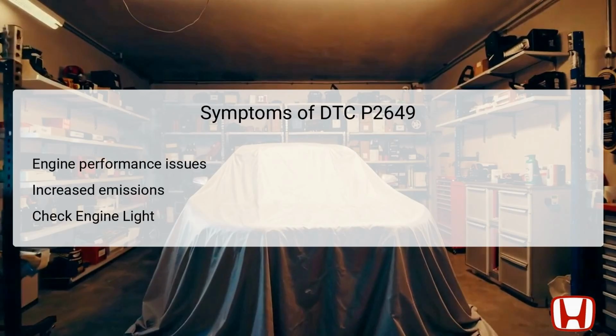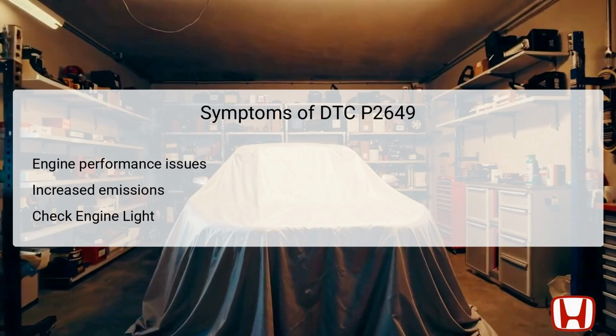The symptoms associated with DTC P2649 can significantly affect overall vehicle performance. One of the most common signs is engine performance issues, which may manifest as reduced power or acceleration. These performance dips can affect drivability, particularly during demanding driving conditions.